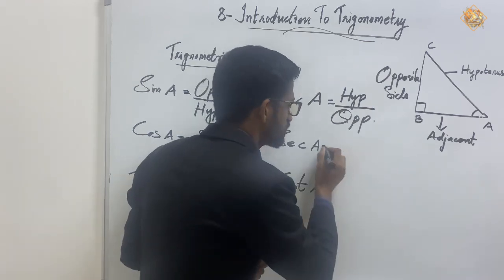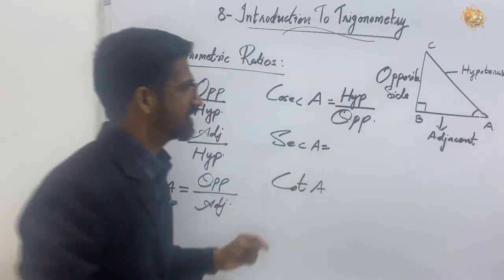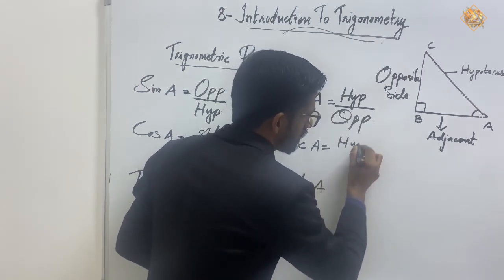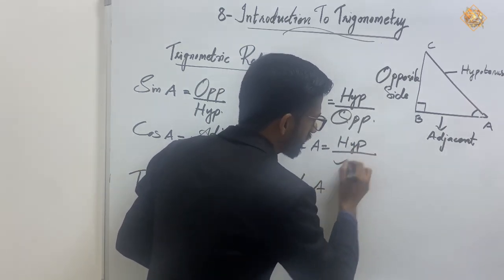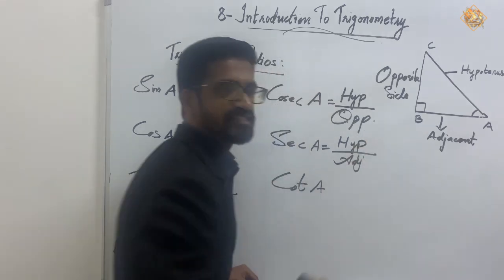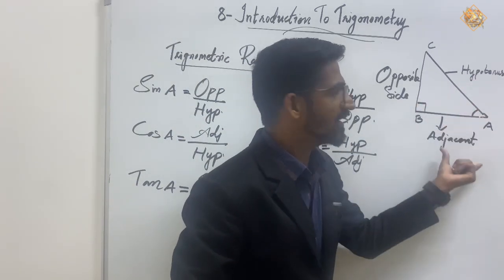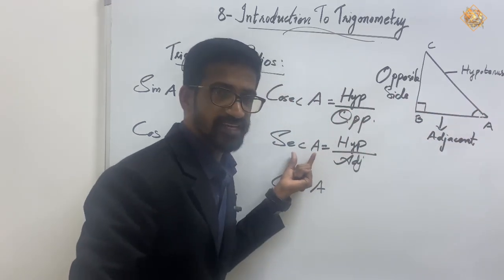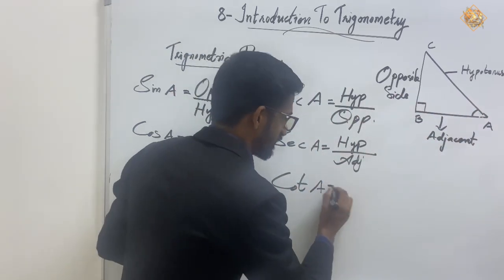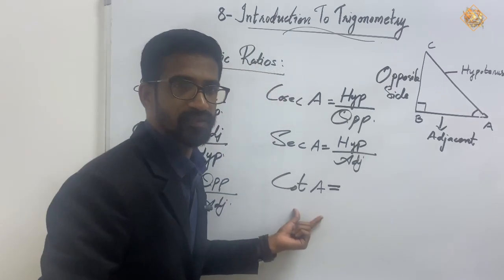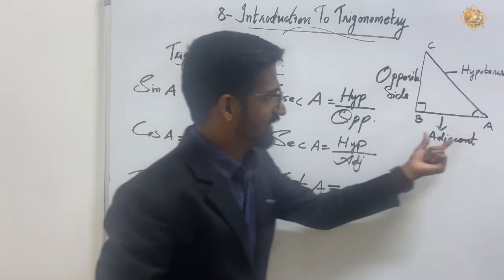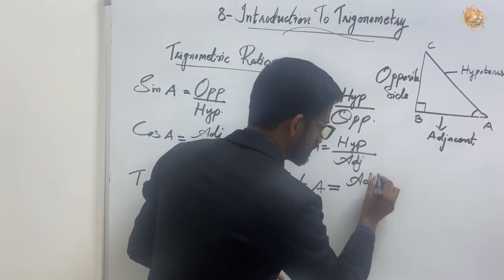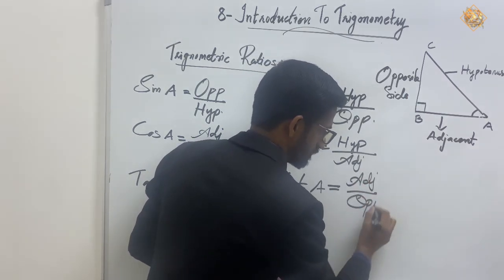The definition for sec is hypotenuse by adjacent side of the right angle triangle. What is the definition for cot A? Cot is adjacent by opposite.